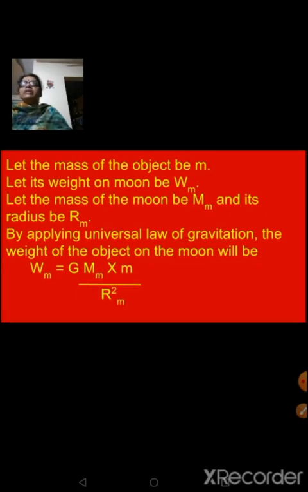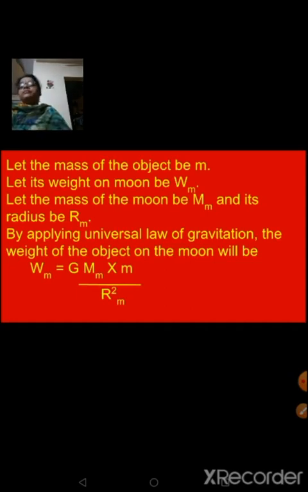So that F is replaced by Wm here, G M m upon R square. So your capital M stands for your mass of the moon, and small m stands for your mass of the object, and R stands for the radius, and capital G stands for your gravitational constant.